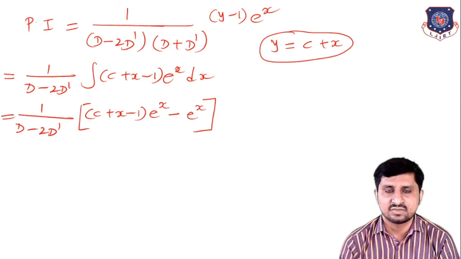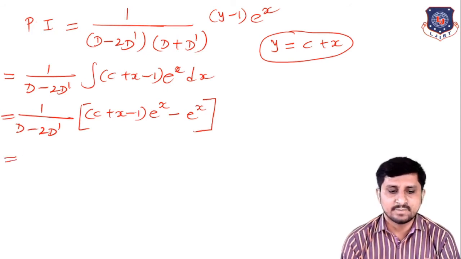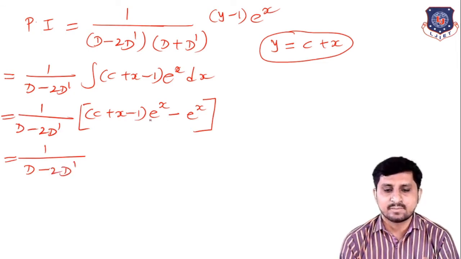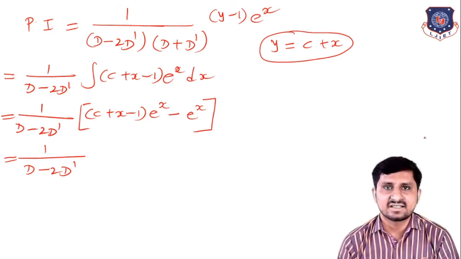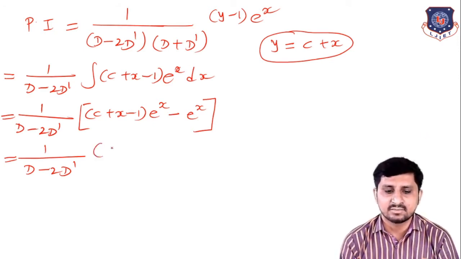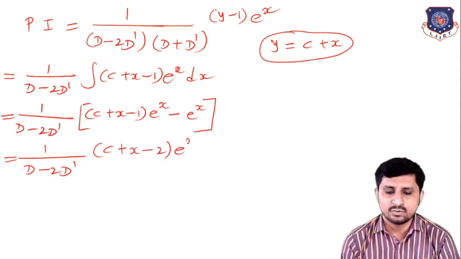So when we simplify this function, 1 upon d minus 2d dash, this is c plus x minus e raised to x minus e raised to x. So we can write minus 2 e raised to x. So this is c plus x minus 2 into e raised to x.